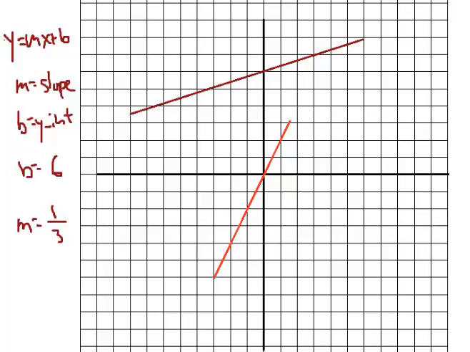What's the y-intercept for this one? Where does it cross the y-axis? At 0, 0. It actually crosses at the origin, which is 0, 0. So this crosses the y-axis when x is 0. So for the bottom line, the y-intercept is 0.